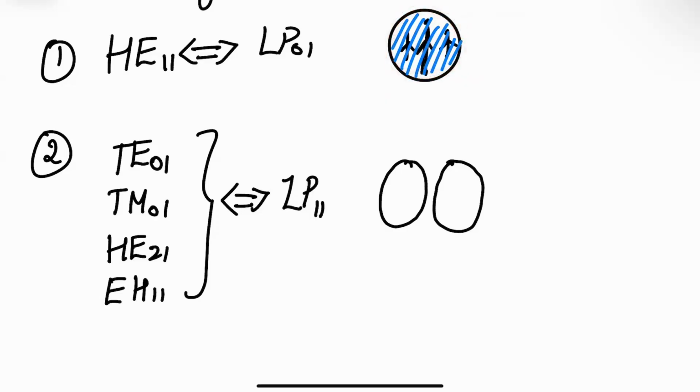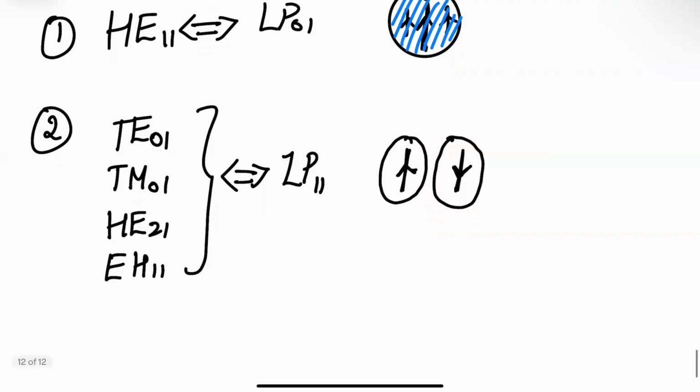This mode has a field distribution like this and like this, so you have to have a null in the middle because the field distribution changes direction. That's the LP11. It's not a hard cutoff like this. If you look at the figure, it's a maximum here and then slowly decays as you go away.